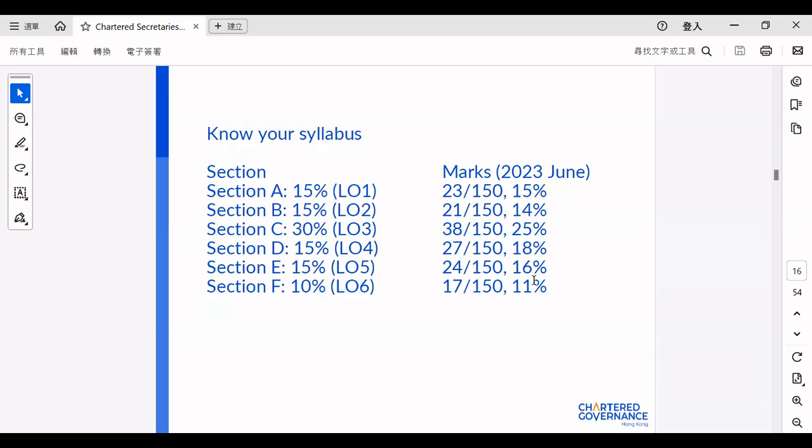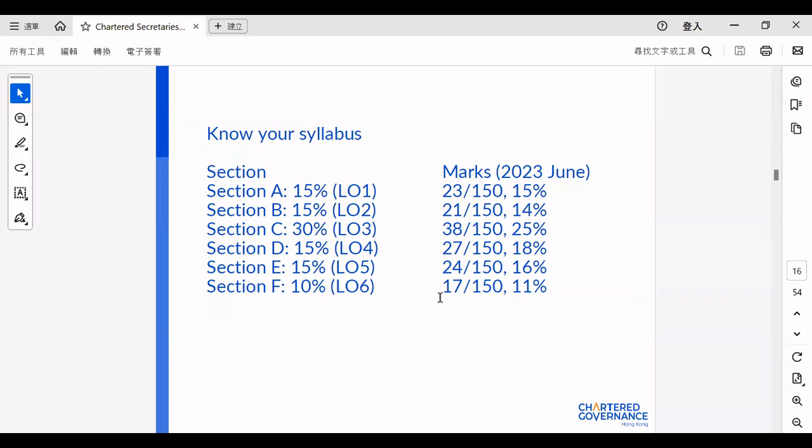There would definitely be questions and marks allocated on these sections, because that's the syllabus. Knowing your syllabus is important because it not only gives you a mind map, it also suggests how much time you should spend on each of these topics.